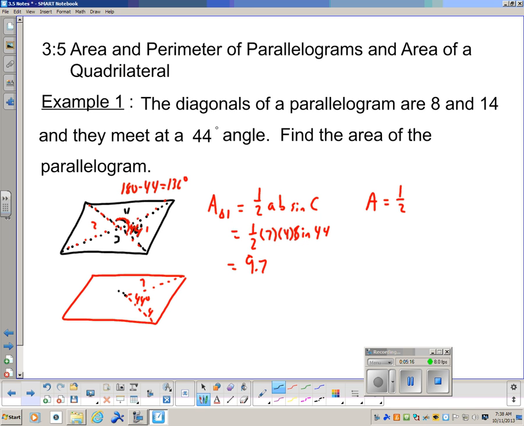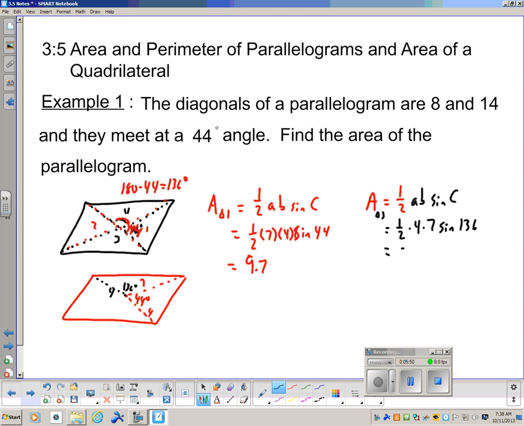So if I drew that one out, this here is 7, this here is 4, and we found this out. They're supplementary, so this angle over here is 136. So same thing, 1/2 AB sine C. So 1/2 of 4 times 7 times the sine of 136. So 0.5 times 4 times 7 times the sine of 136.